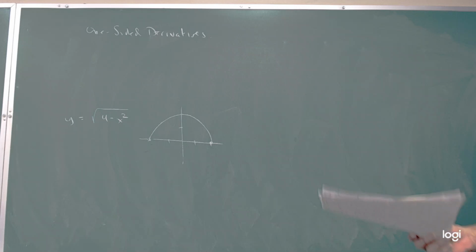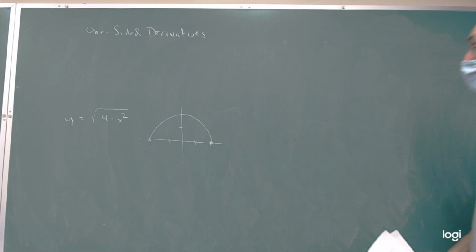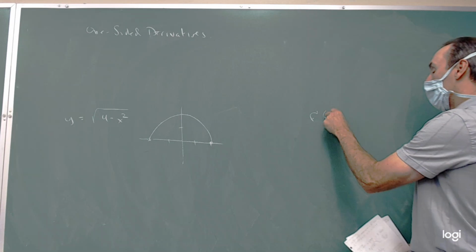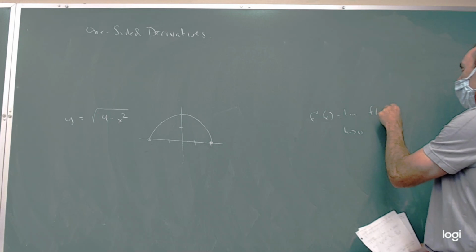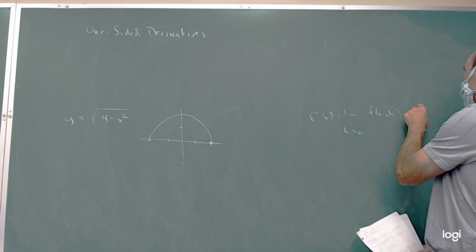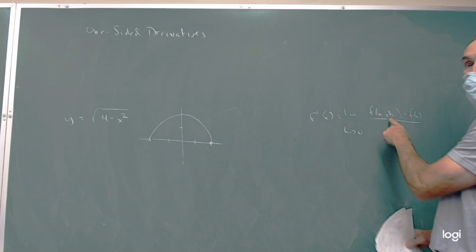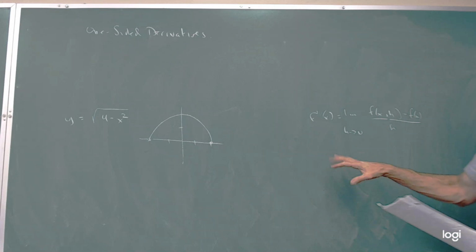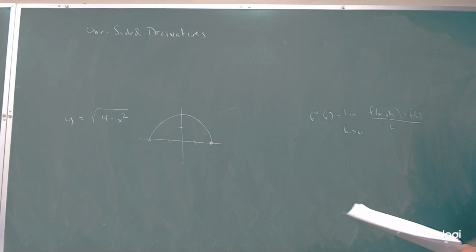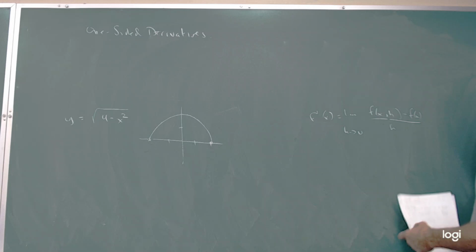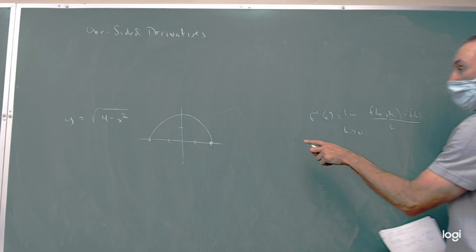Because the limit definition, remember, the derivative of a function is the limit as h goes to 0 of f of x plus h minus f of x, over h. Now, it's a true limit though, so h can come in from both sides. Well, how do we do that when it's not defined on the other side? Well, we just say the limit as h approaches 0 from the right, if we're coming in this way.